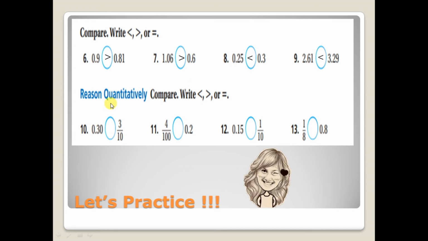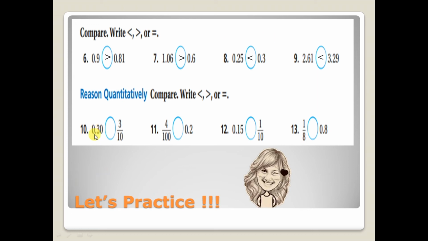Okay, this one is a little bit tricky, so let's solve it together. We have here a fraction compared to a decimal. So in this case, I can't compare without transforming one of these numbers into the same form as the second number so we can compare.